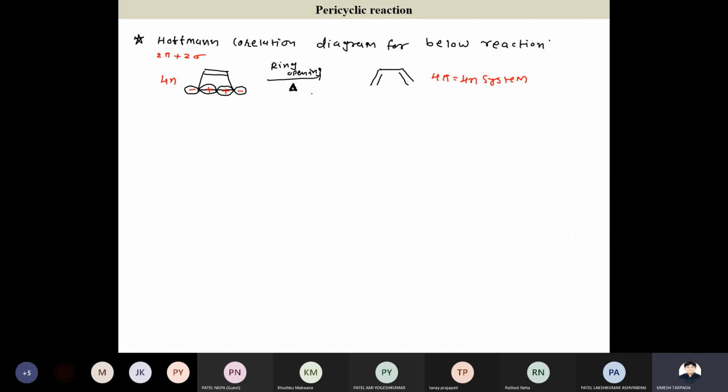Whenever you are applying conrotatory motion, you can check whether conrotatory motion is thermally allowed or photochemically allowed. How can you check? You can check in this way. For thermally conrotatory, suppose you want to draw the diagram for conrotatory motion.